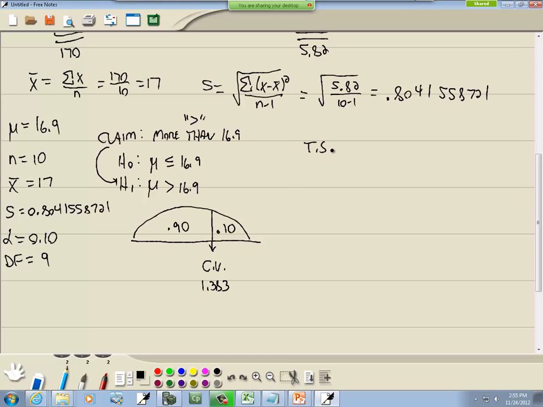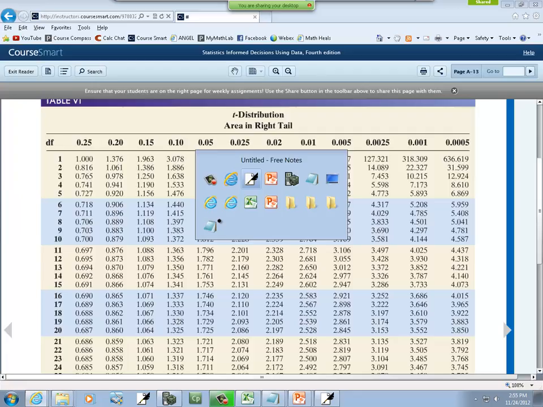Now our test statistic. We'll have T naught equal to X bar minus mu naught over S divided by the square root of N. That's off of our steps.